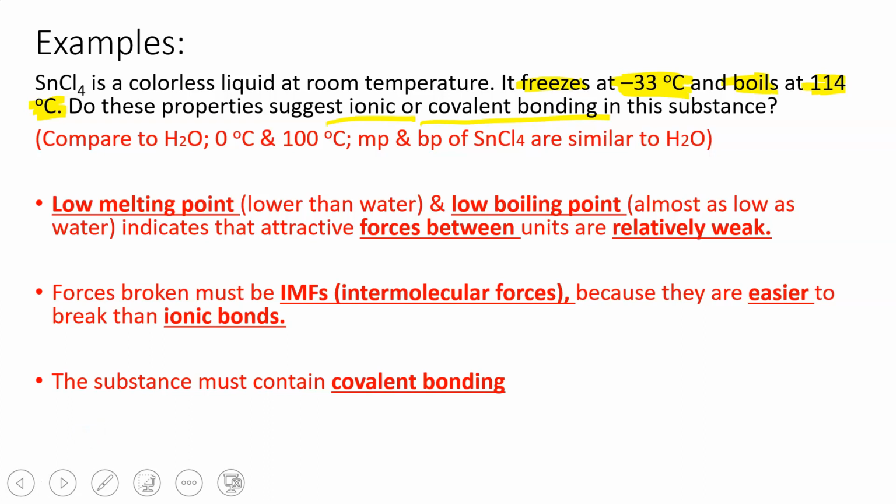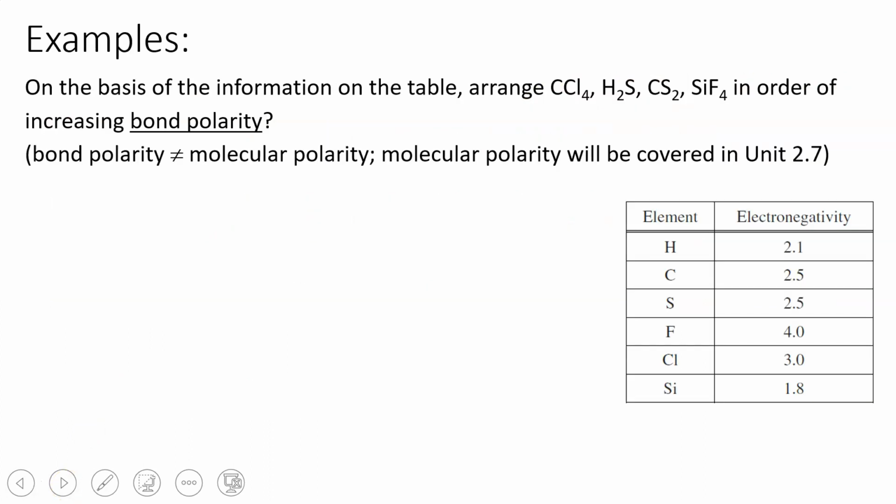All right, let's do another example. On the basis of the information on the table, we want to arrange CCl4, H2S, CS2, and SiF4 in order of increasing bond polarity. Keep in mind, bond polarity is not the same thing as molecular polarity.